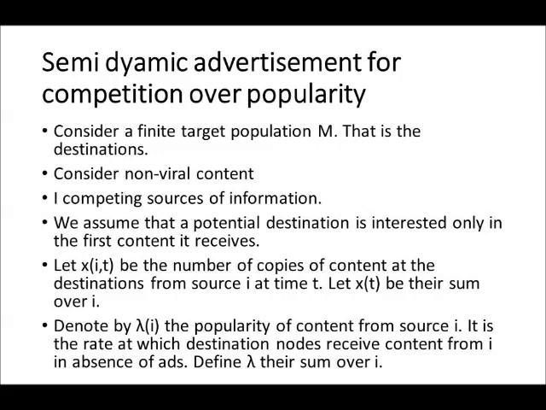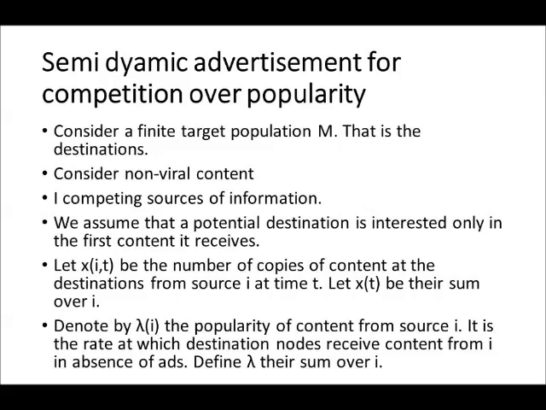We assume that a potential destination is only interested in the first content it receives. For example, if it is interested in a hotel list, if it gets it from one source, it will not be interested anymore in getting it from another one. Or if it looks for a flight ticket and reservation, then it will not need to re-reserve it elsewhere.